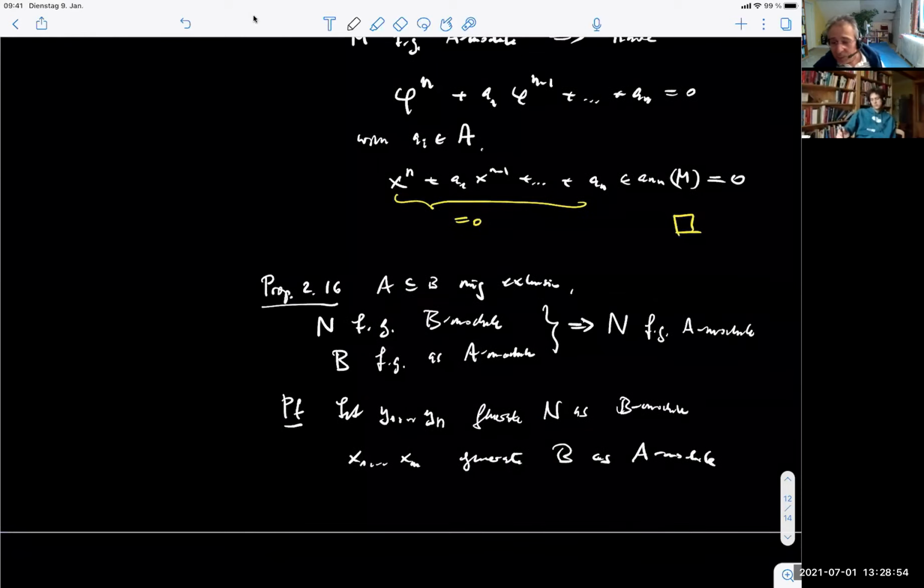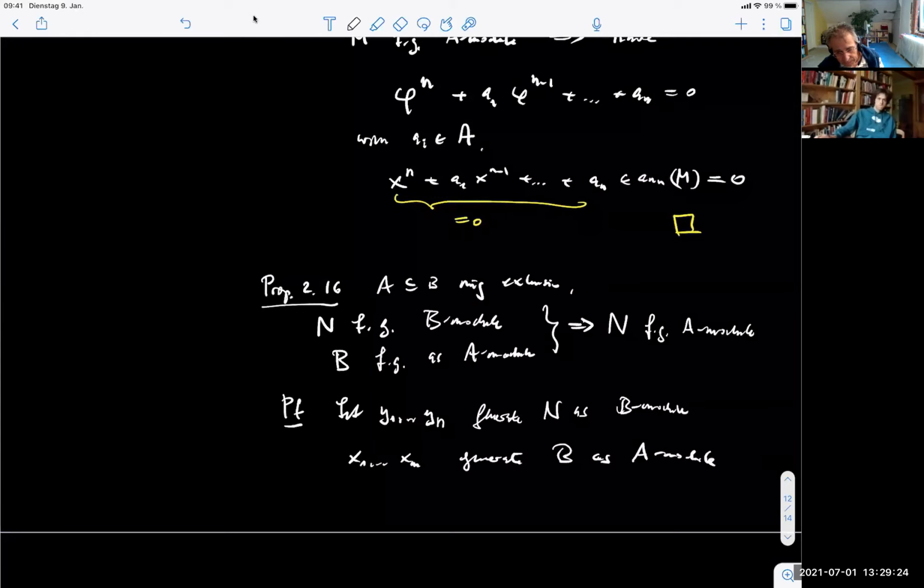So how do I combine this information, this data, to get a generating system of N as A module? So what would you suggest? Represent and plug in, so it's trivial. Yeah, but how can I write the generators?